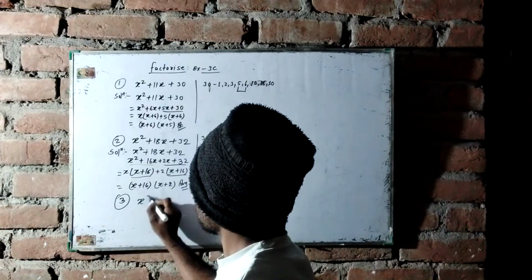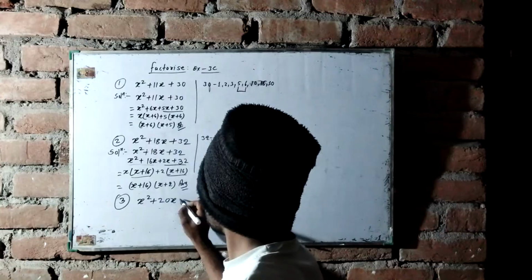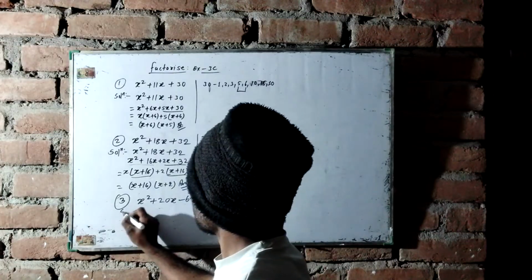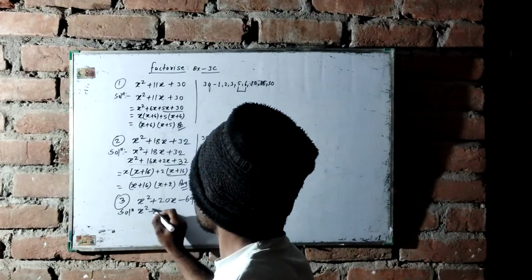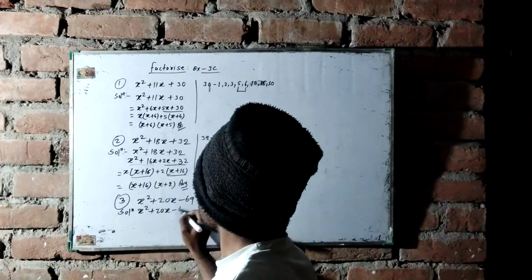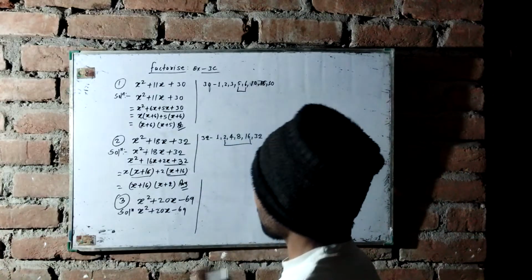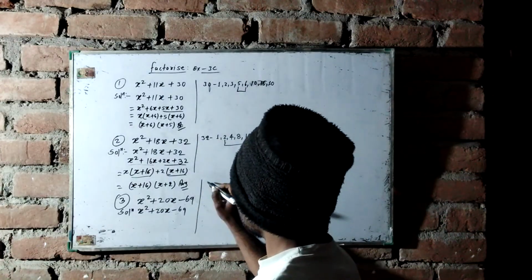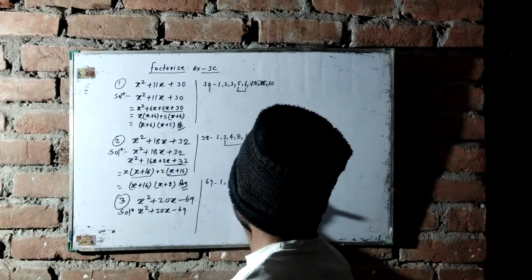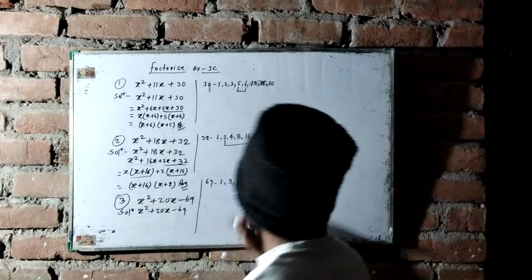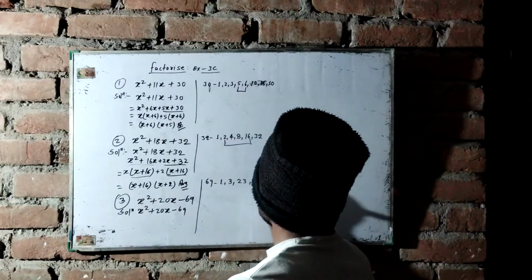x square plus 20x minus 69. Similarly, we can write x square plus 20x minus 69. Now, we write all factors of 69: 1, 3, 23 and 69.